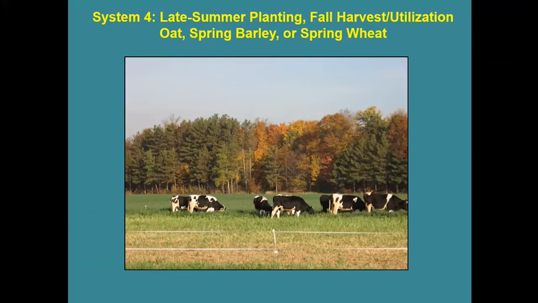It wouldn't necessarily have to be strictly limited to oat. We've done some work that would suggest that a true spring barley or spring wheat would perform well with the same scenario. The context for this within Wisconsin anyway is twofold.